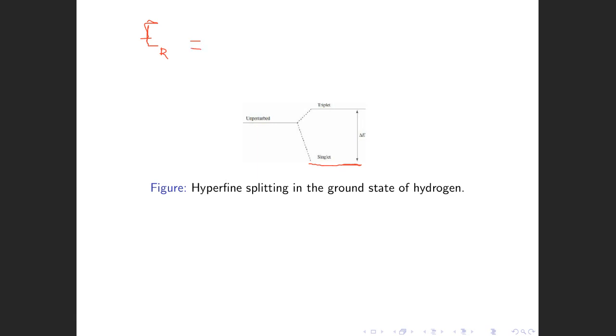For example, the first order correction was just given by psi_n, H, psi_n. But in order for us to do this, we relied heavily on the fact that we had solved that part of the Hamiltonian. So we knew what the energy eigenstate for the unperturbed state was.